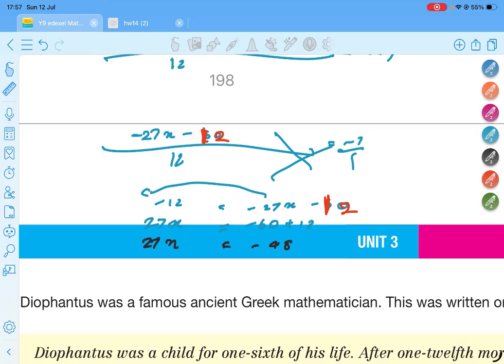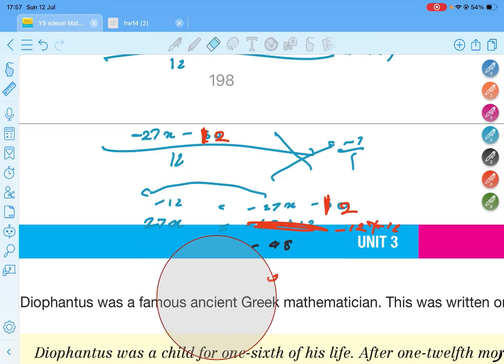This minus 12 comes here, then it becomes what, there is already minus 12. 27x equals 0, yes.